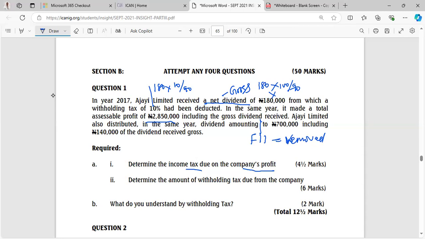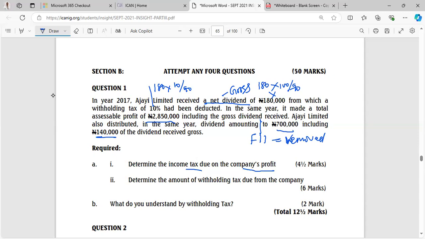All right. In the same year, dividend amounting to 700,000, including 140,000 of the dividend received gross. So it means this is what they are paying out, but the 140,000 out of this 700 was received among the gross of this 180.